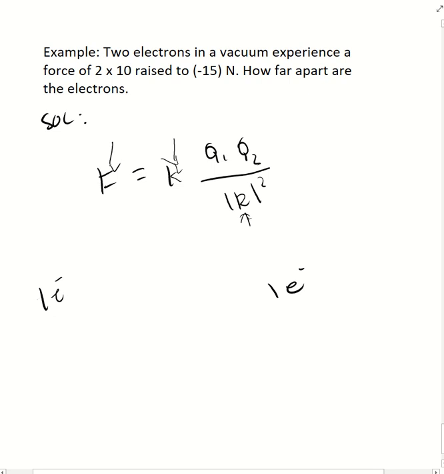But this is not in Coulomb, so we cannot just substitute 1 in the formula. You need to convert that into Q. So Q1 here and Q2 is the same. Q1 is equal to Q2, and they are all 1 electron. But we need to convert this one into Coulomb.